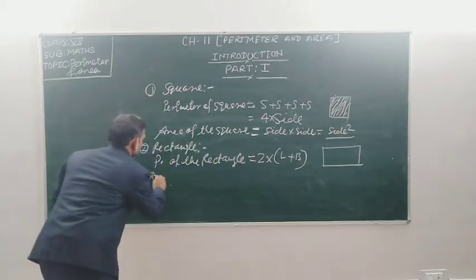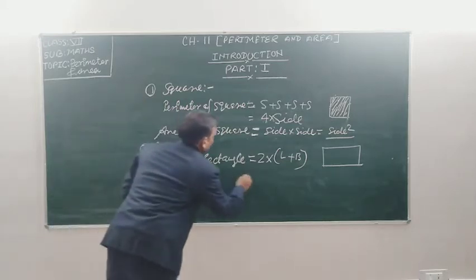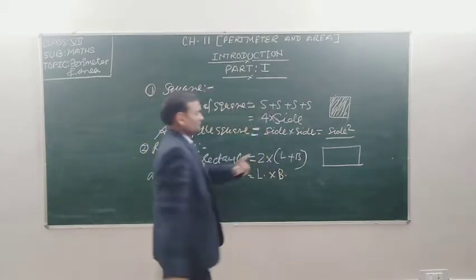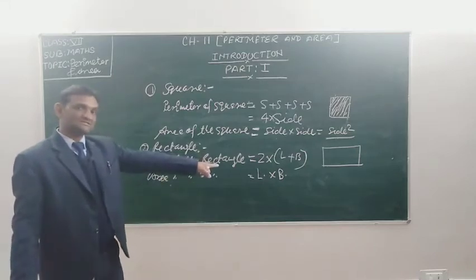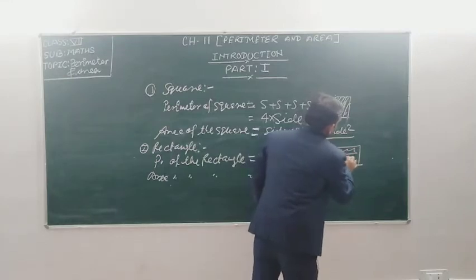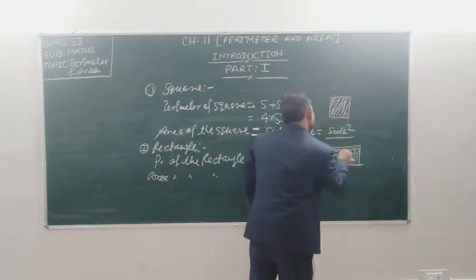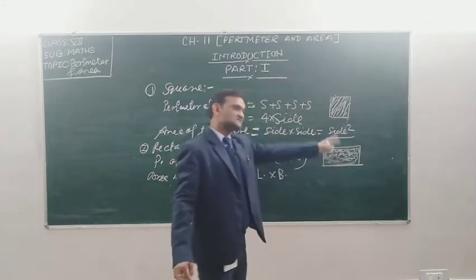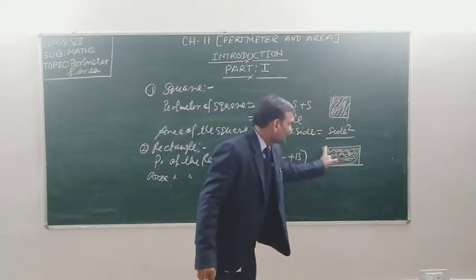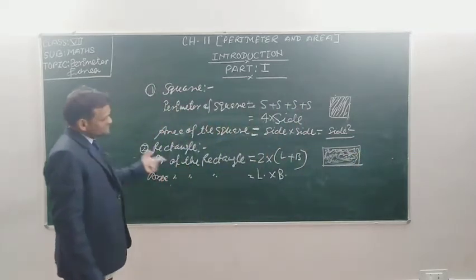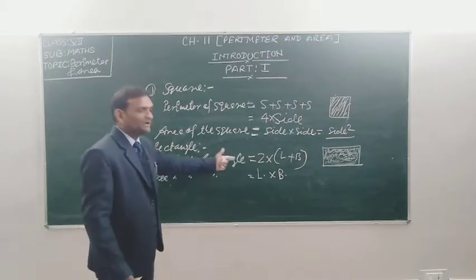And area of the rectangle is equal to length into breadth. This is the formula. This is the area, this amount of surface enclosed by this rectangle. यह अमाउंट जो है, यह स्पेस कवर किया गया है इस रेक्टेंगल के द्वारा. So this is the area and this boundary is called the perimeter. So this is the formula for finding the perimeter and area of the rectangle.